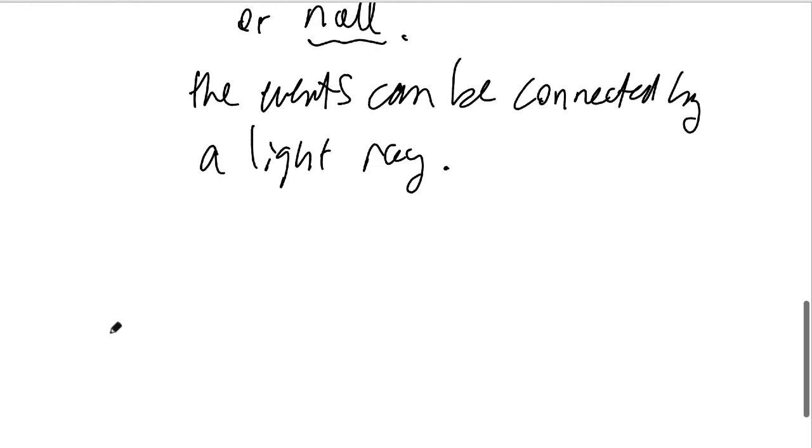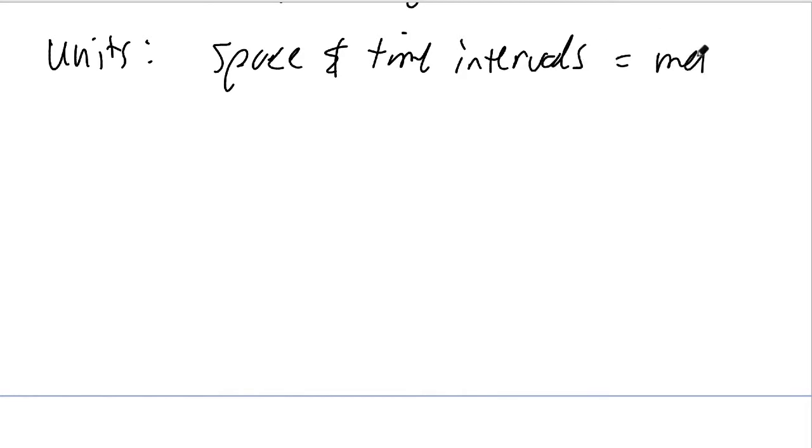Let me make a side comment about units. In relativity, we often measure both spatial intervals and time intervals in common units, for example, meters. So both space and time intervals in, say, meters.